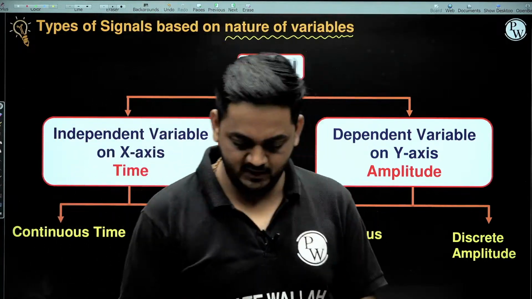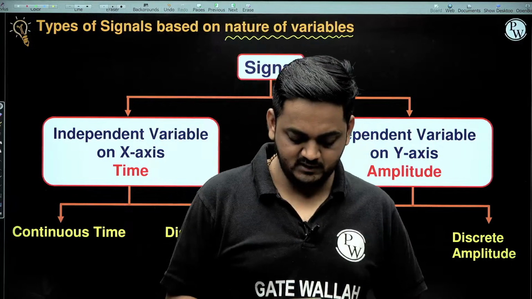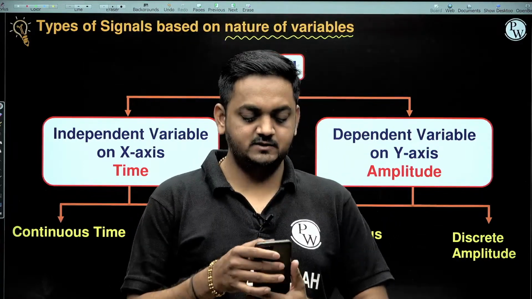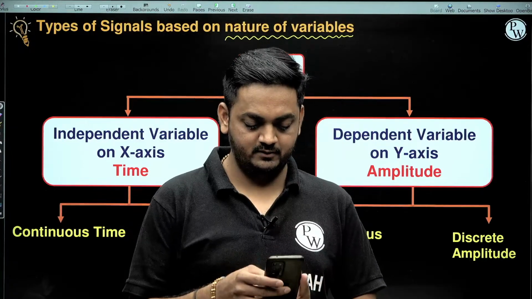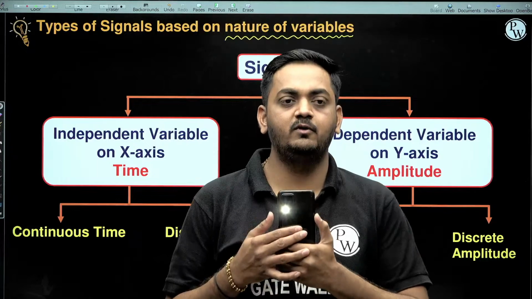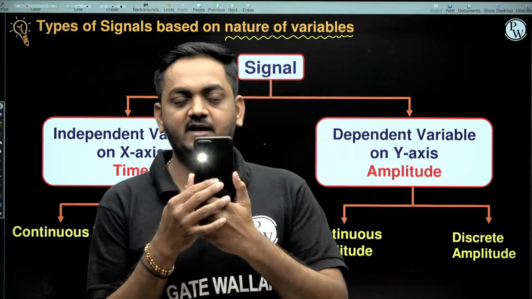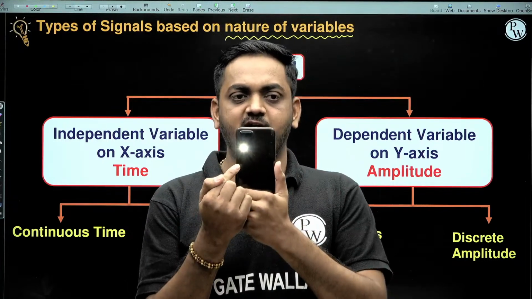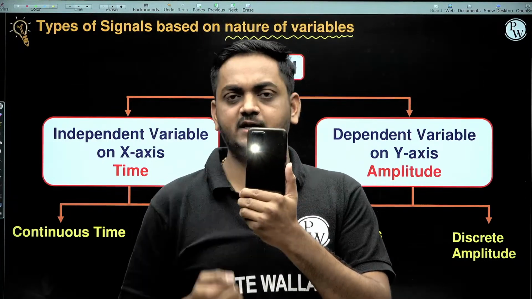A very simple example I am giving. Tell me guys, is this flashlight visible or not? Can you see this flashlight in the mobile phone? Now tell me, is the intensity of this flashlight continuous or discrete?